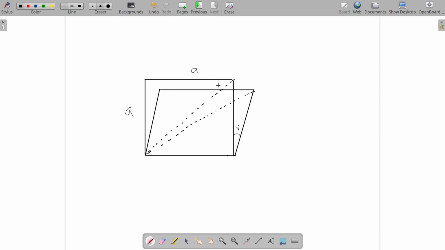So if this length is A, in radians we know that the angle is equal to the arc length divided by the radius. But here you don't have a circle. If this is infinitesimally small, this deformation is exaggerated.